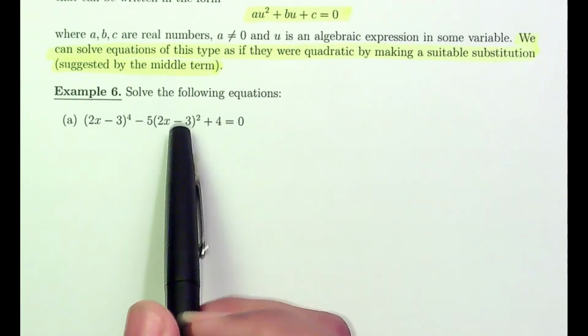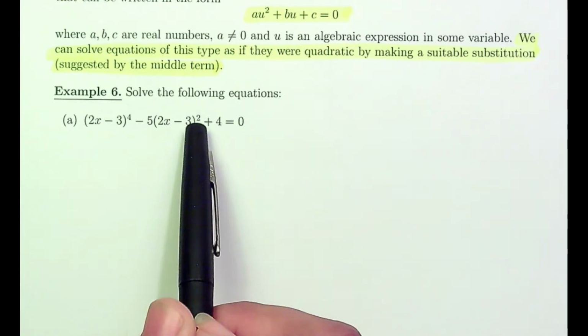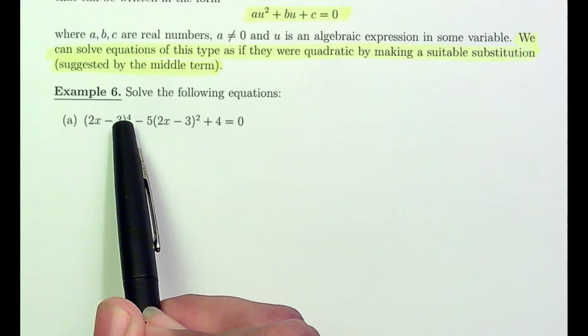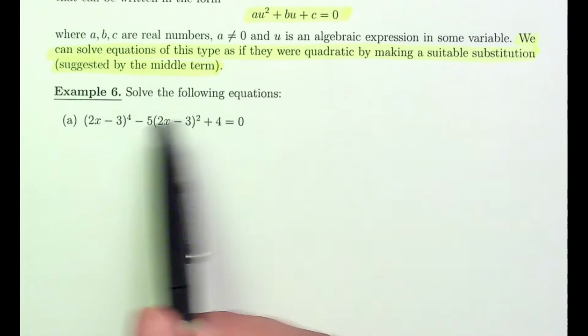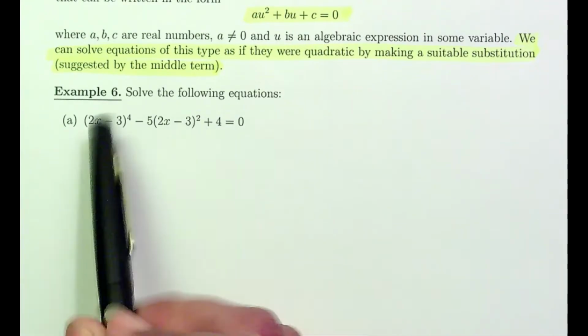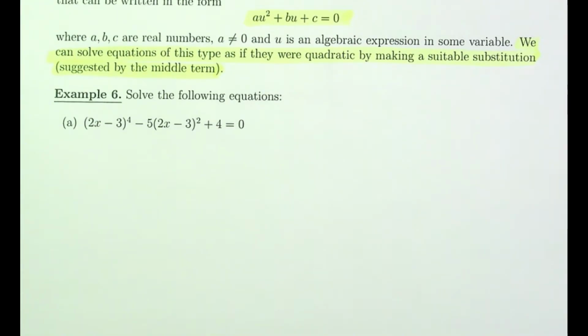Note that the term in the middle has an exponent that is exactly half of the leading term: 2 is half of 4. And then the last term is a constant. It doesn't have a variable. So it satisfies the properties of being in the same form as a quadratic equation.